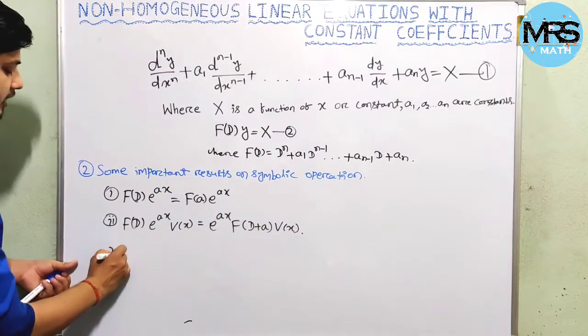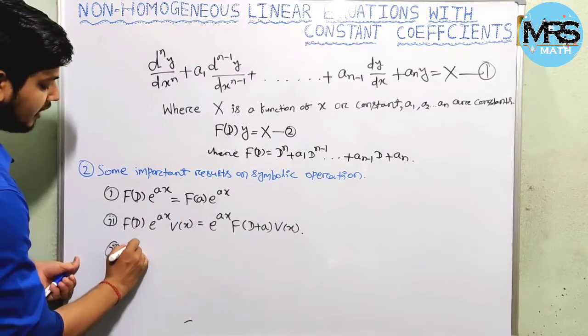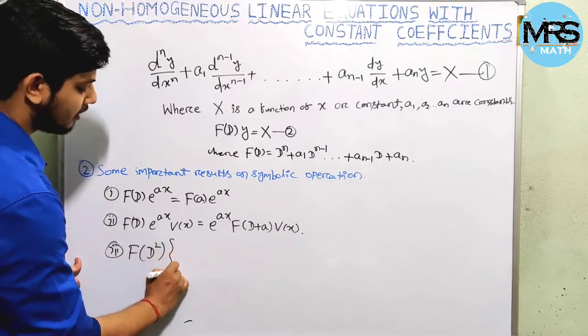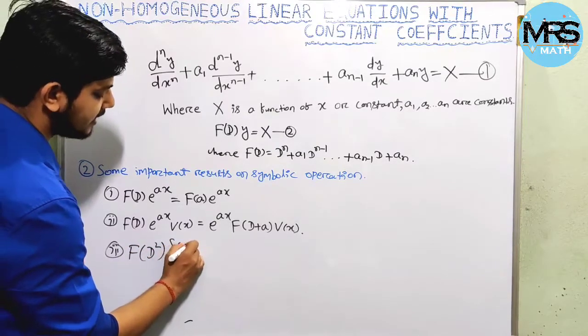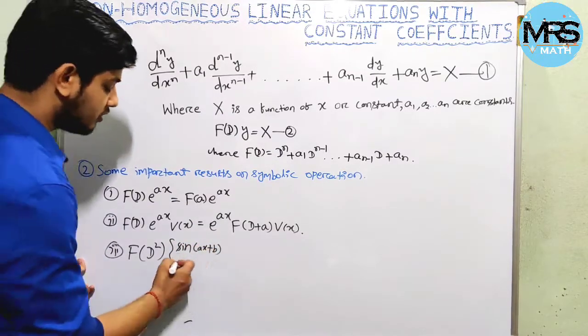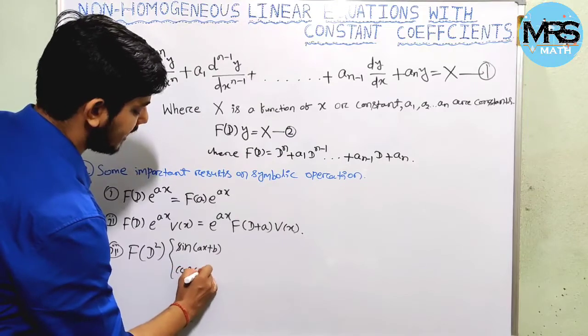The third one: f of D square, operating on sine of ax plus b, or cos of ax plus b.